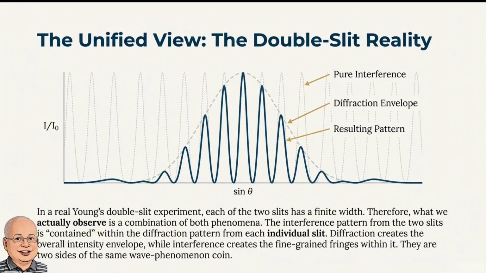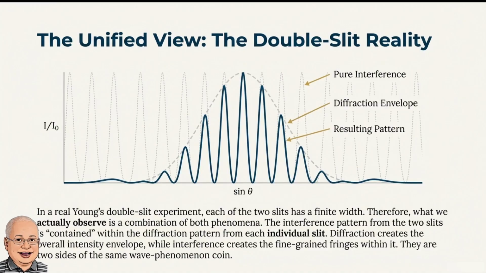So if you unify everything, the double slit reality: in a real double slit experiment, Young's experiment, each of the two slits has a finite width. Therefore, what we actually observe is a combination of both phenomena: the interference pattern from the two slits contained within the diffraction pattern from each individual slit.